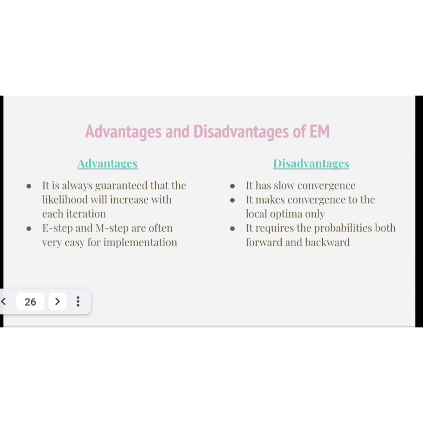It will be towards the local optima only. So that's a disadvantage. Now in this process, we will have to find both the probabilities, that means forward as well as backward. So that makes this process a little bit difficult. So these are the disadvantages.